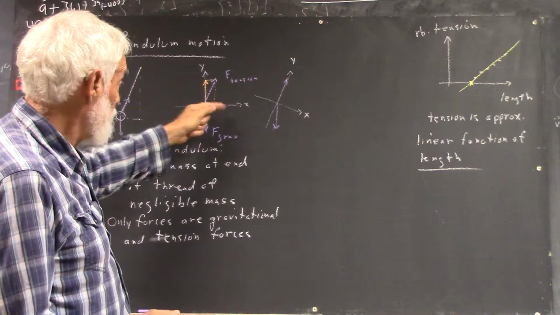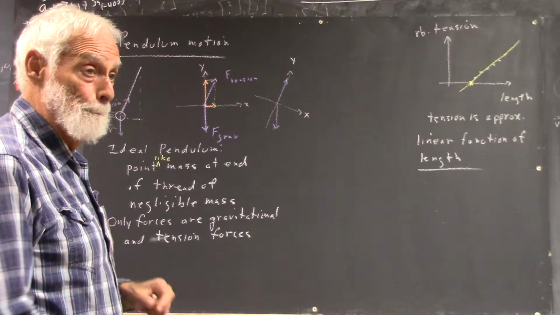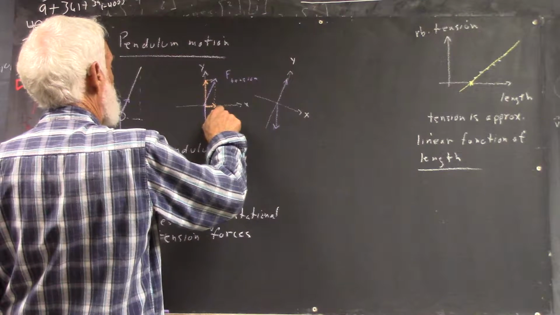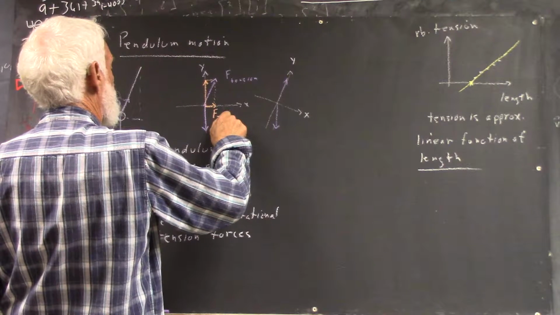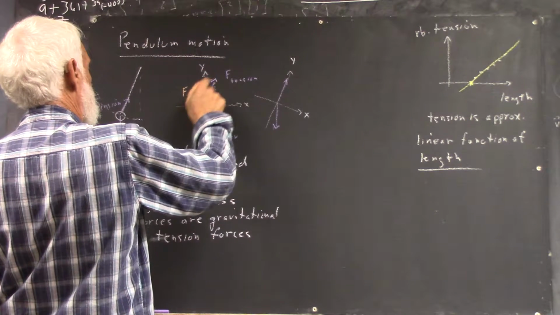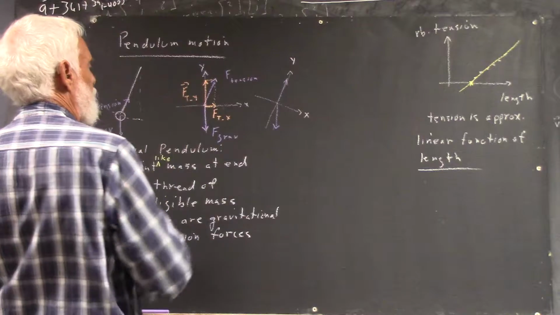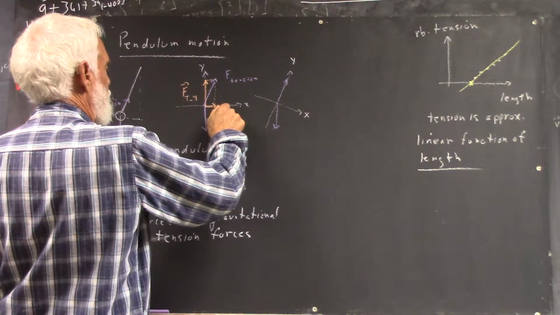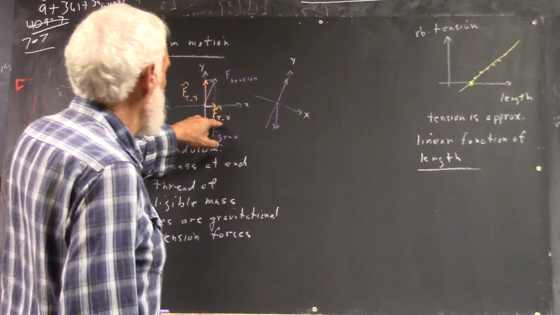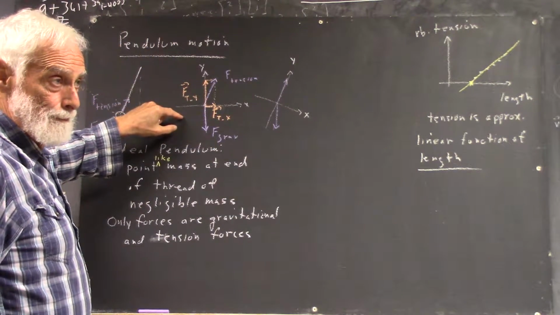There's a little bit of it in this direction and much more of it in this direction. Okay? So we'll call this the x component of the tension, the y component of the tension. Okay?